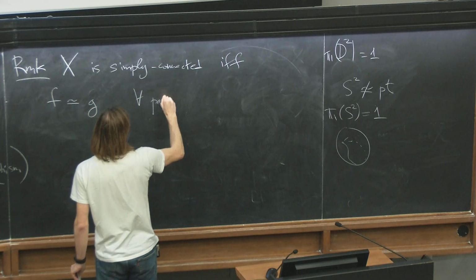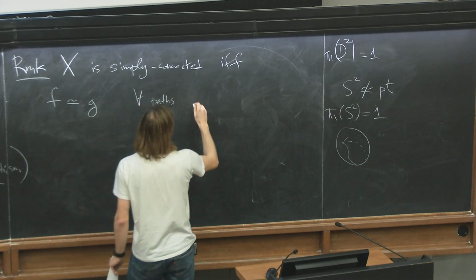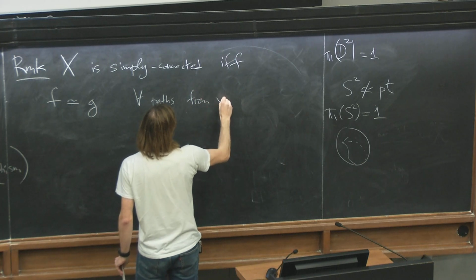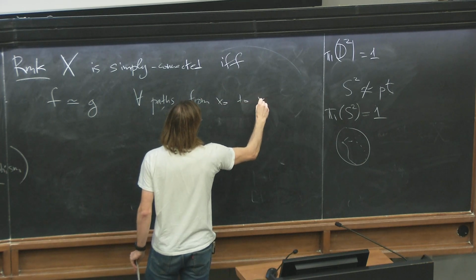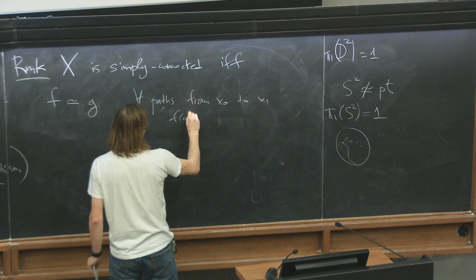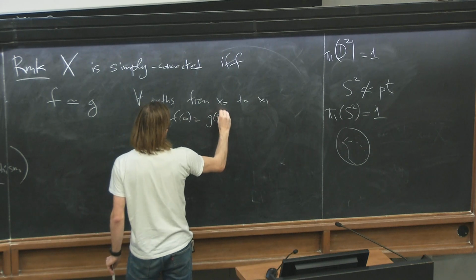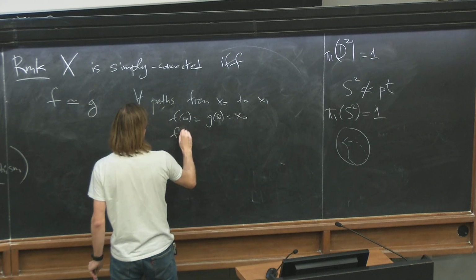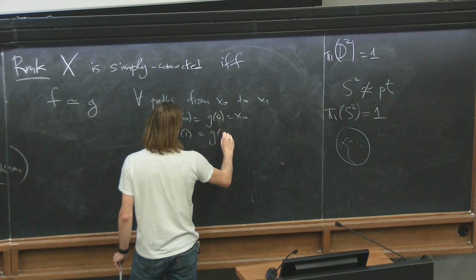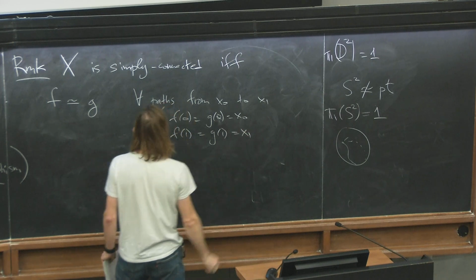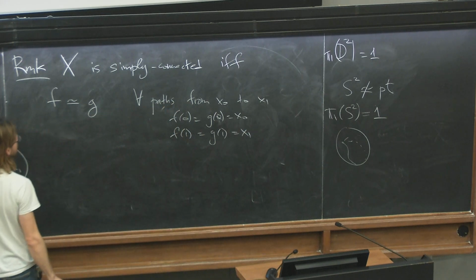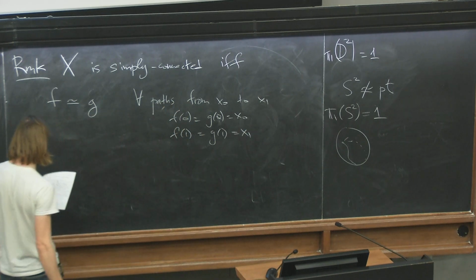So f of 0 equals g of 0 equals x0, and f of 1 equals g of 1 equals x1. This can actually be used as an equivalent definition.